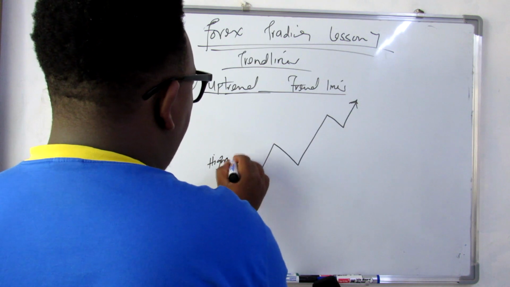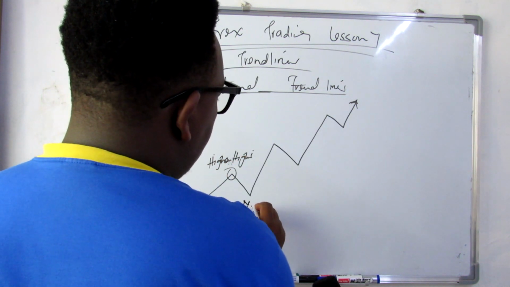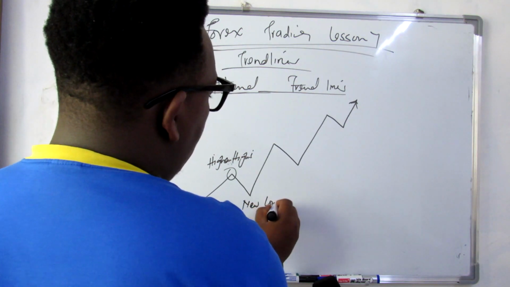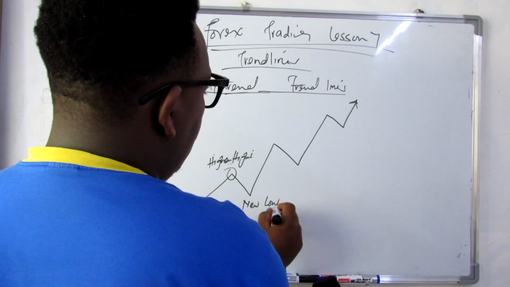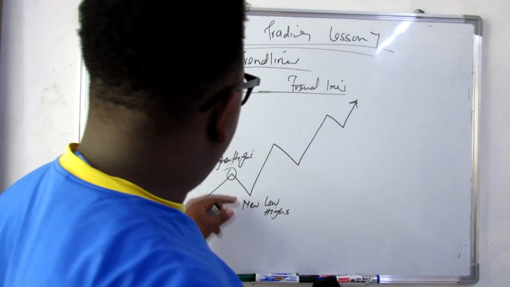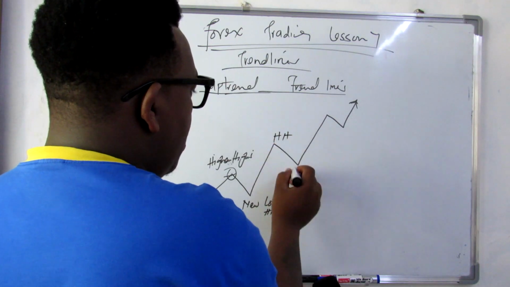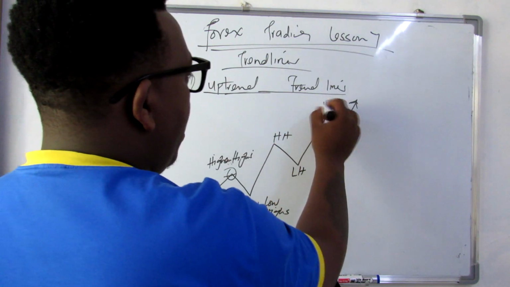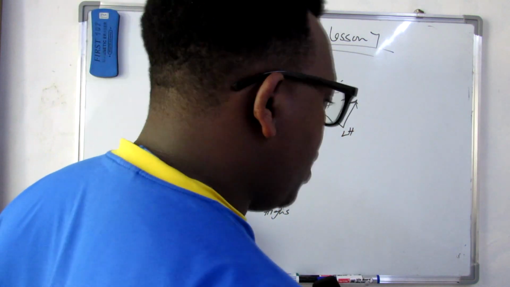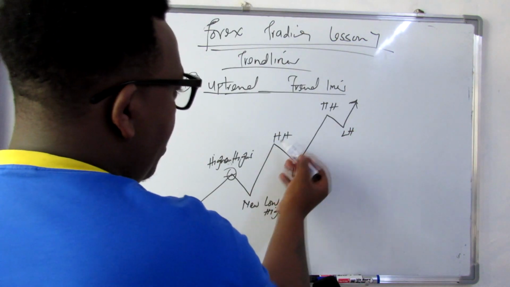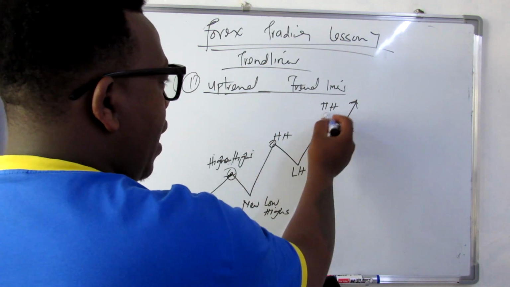We are talking of the higher highs, and new higher lows, meaning the market keeps creating new higher highs and new higher lows. So you can see the market is moving in an upward direction since it's making new higher highs.